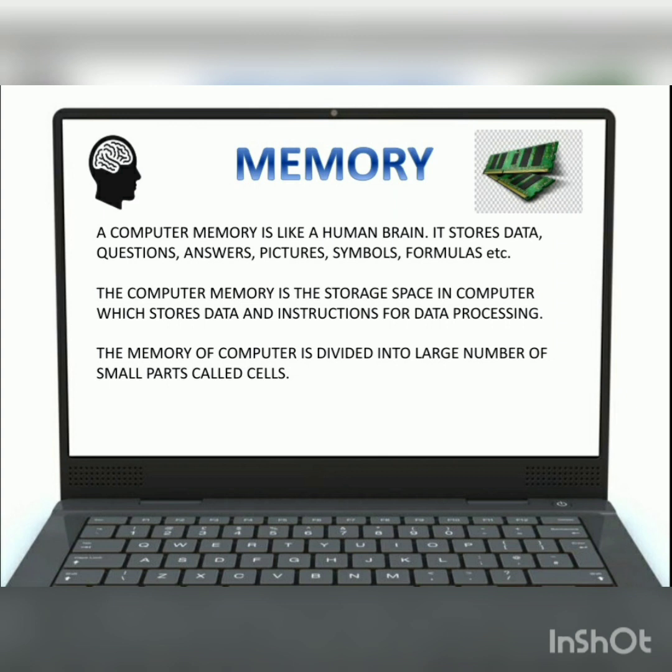You are able to read here that the computer memory is divided into a large number of small parts called cells. Kids, these cells have a unique address in the computer memory which varies from 0 to memory size minus 1 or anything.